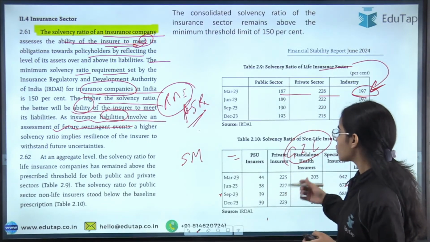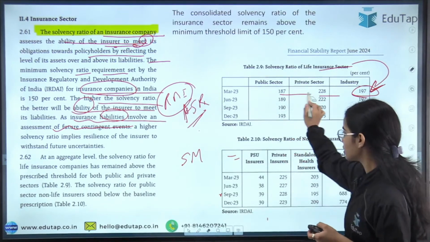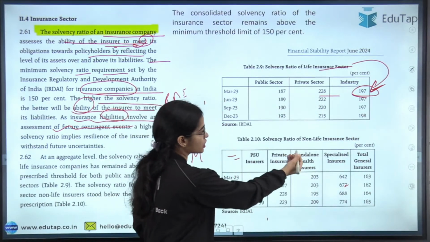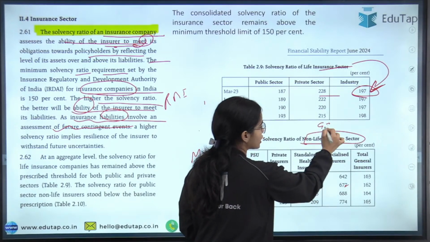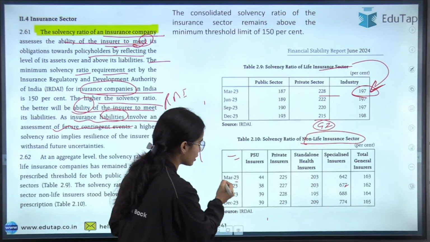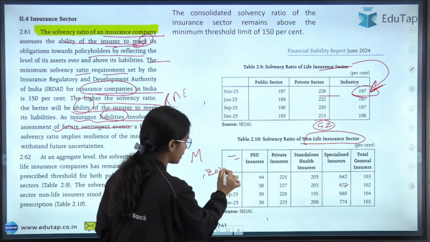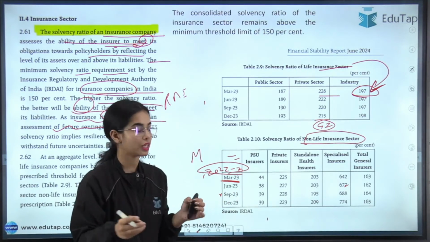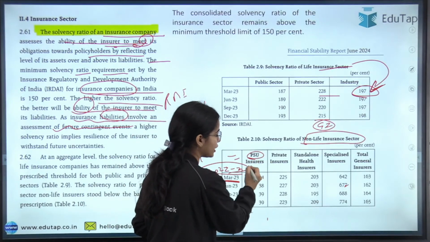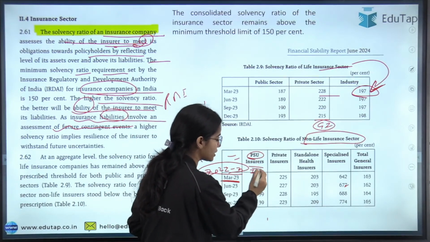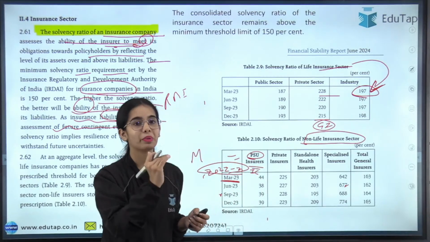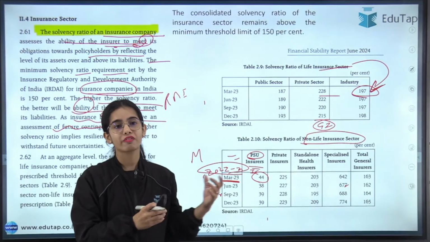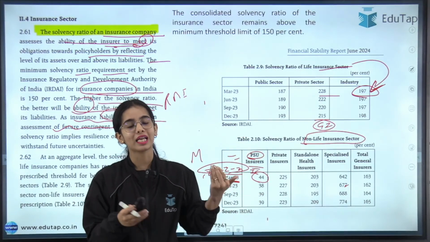Okay, so overall, here you can see the public sector in the non-life insurance sector, or the general insurance sector. If we see the data for March 2023, for the financial year 2022-23, the public sector insurers, the general insurance companies of the public sector, are maintaining a much lower solvency margin compared to the 150 that is required.